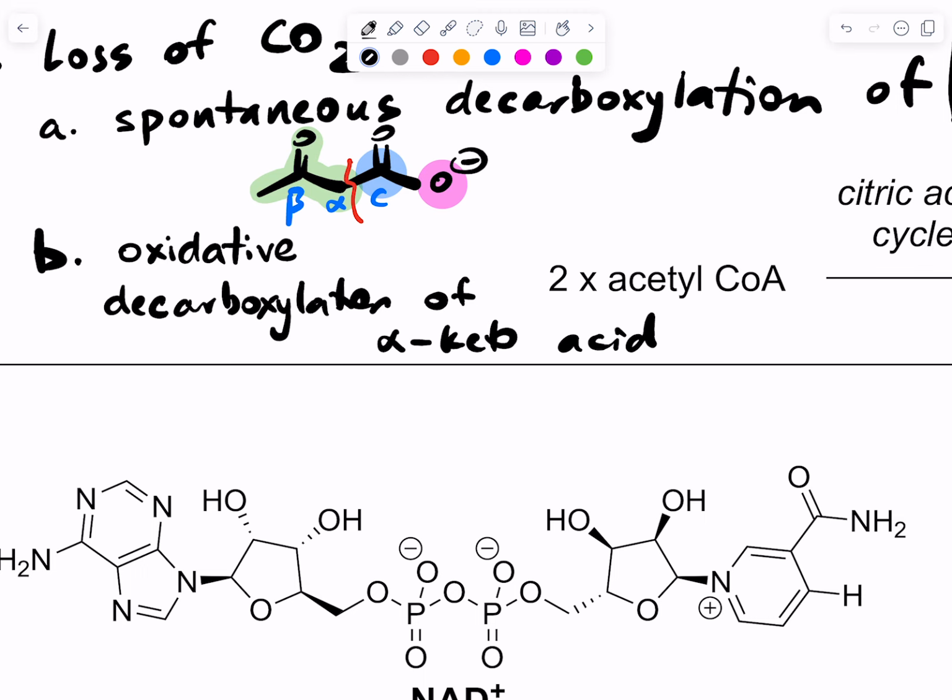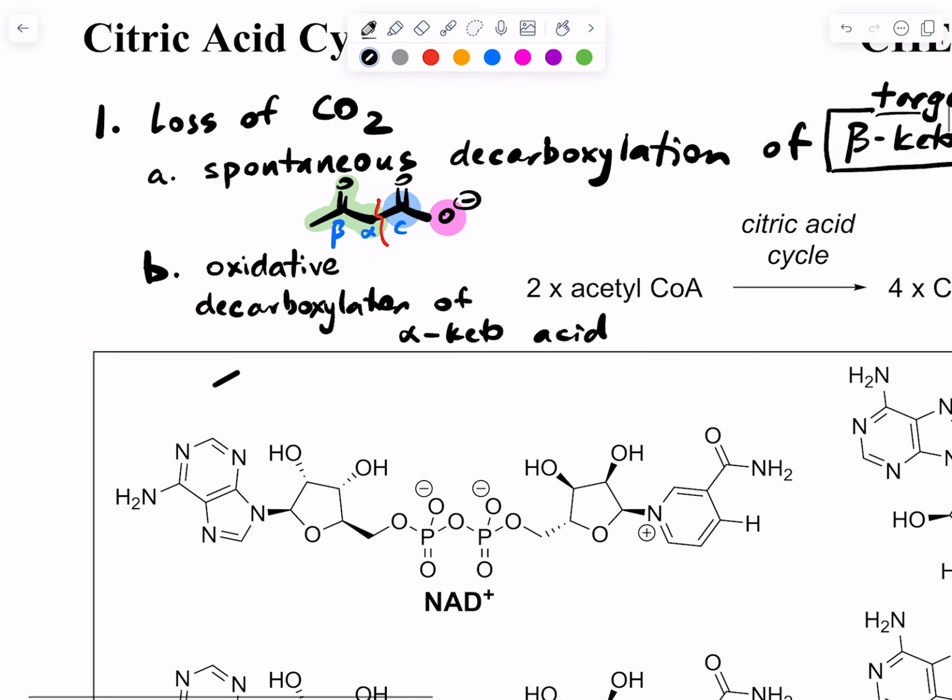The example of that was pyruvate. And the point was that in order to get this to happen, the carboxylate oxygen can't be a good kicker-offer, because what's here is not a good leaving group until you involve TPP, lipoamide, and NAD+.